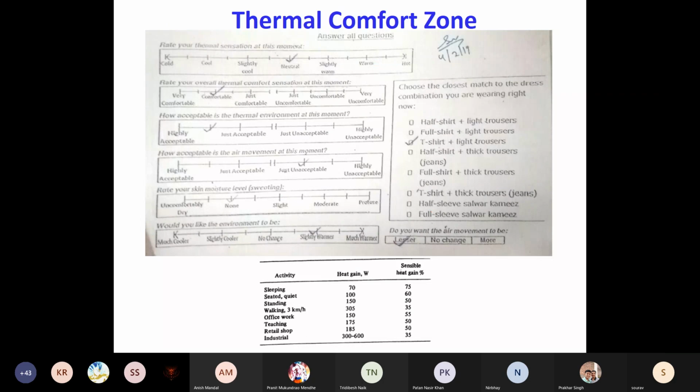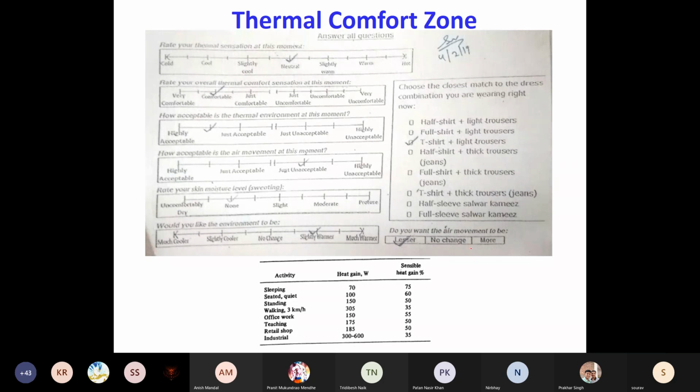If you were conducting the experiments physically, then we also create some sort of a database and provide it to you at the end of the lab class: this is the survey we have conducted throughout the lab class, this is the sheet and this is the outcome of that survey.